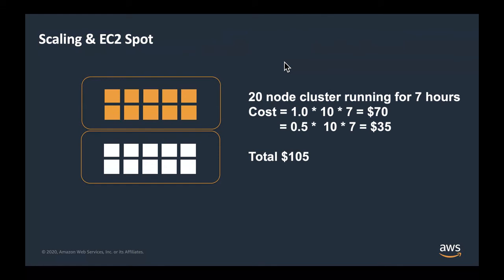So overall you have $105. So what you achieve here is 50% less runtime, your runtime gets halved from 14 to 7, and you are actually spending 25% less. The cost comes down from 140 to 105.